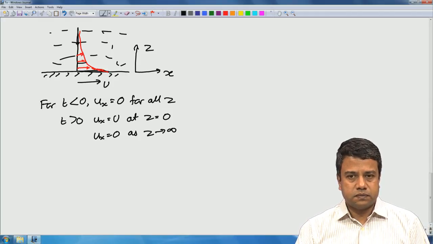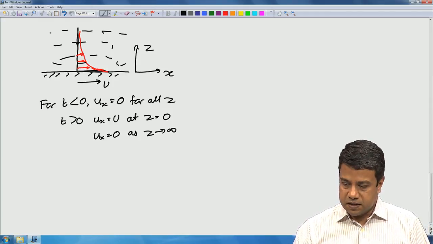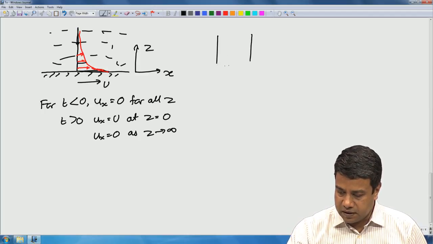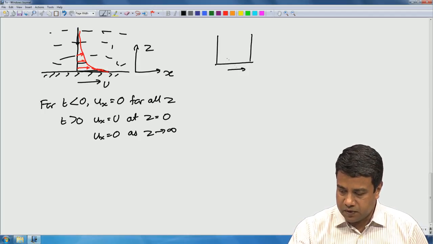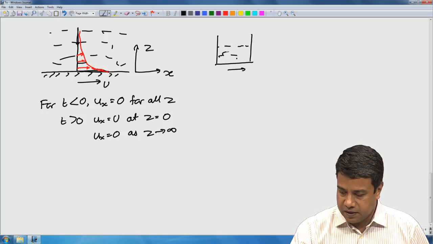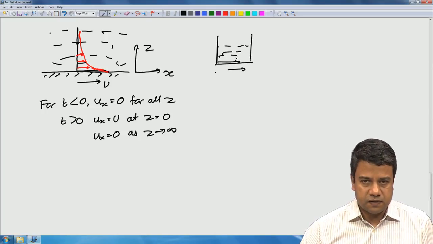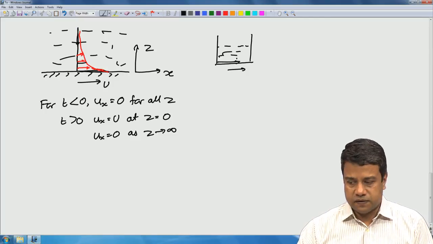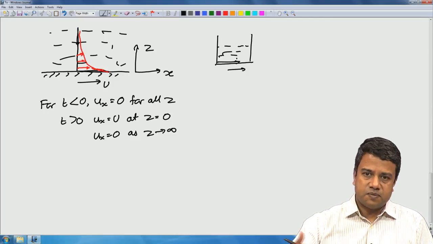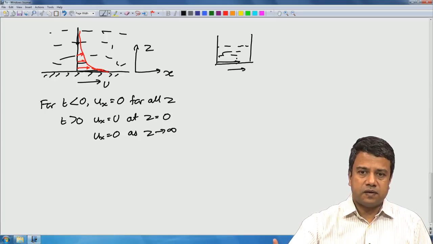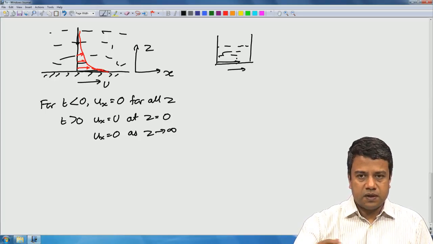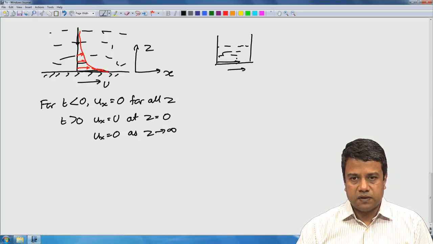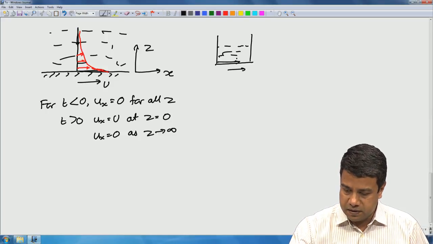This would be an idealization of, for example, a container where I started to move the bottom surface. Then there will be some fluid flowing within the region close to the bottom surface. However, if the height is much larger than the length scale for the penetration of momentum, you can assume that it is an infinite fluid. So, that is the idealization here.